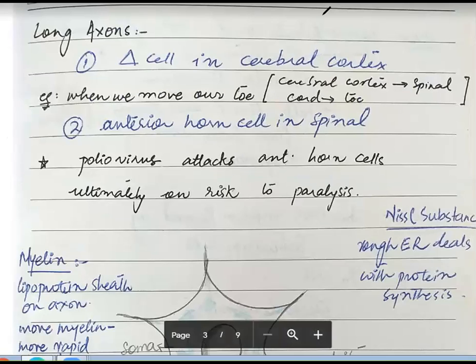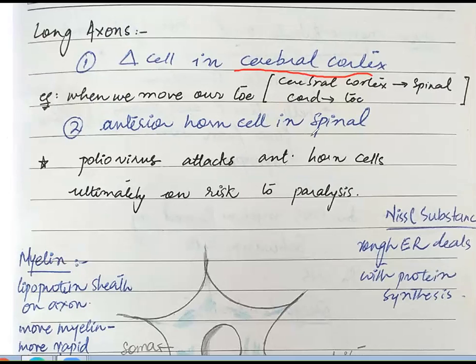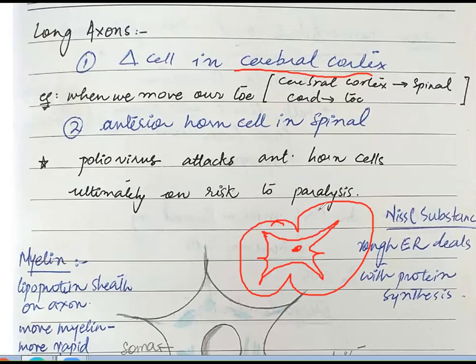Then you see the long axons, they are present in the cerebral cortex. Okay, and from the cerebral cortex, they move to different parts of the body. And also in the anterior horn cells in the spinal cord. Now you see in the spine, for example, this is a spinal segment, and we have this butterfly shaped structure present over here. Okay, this butterfly shaped structure is the gray matter. And the rest of the area is the white matter.